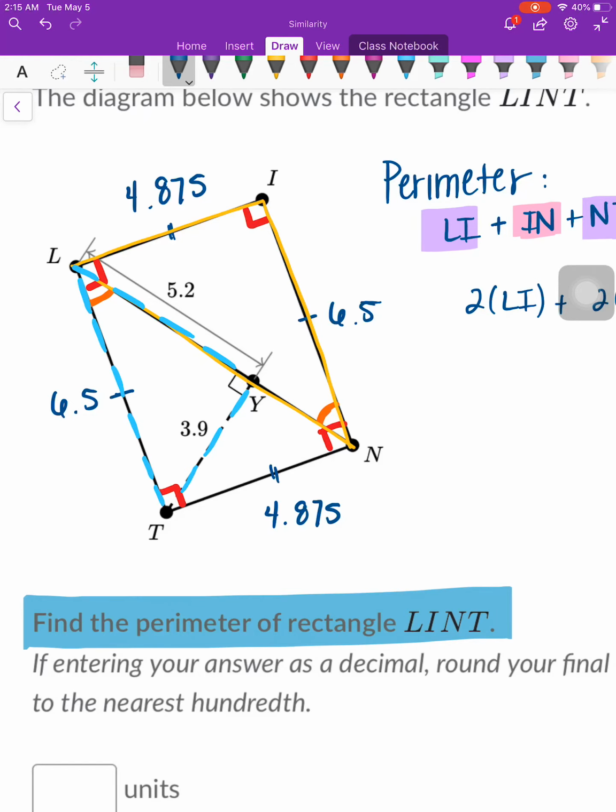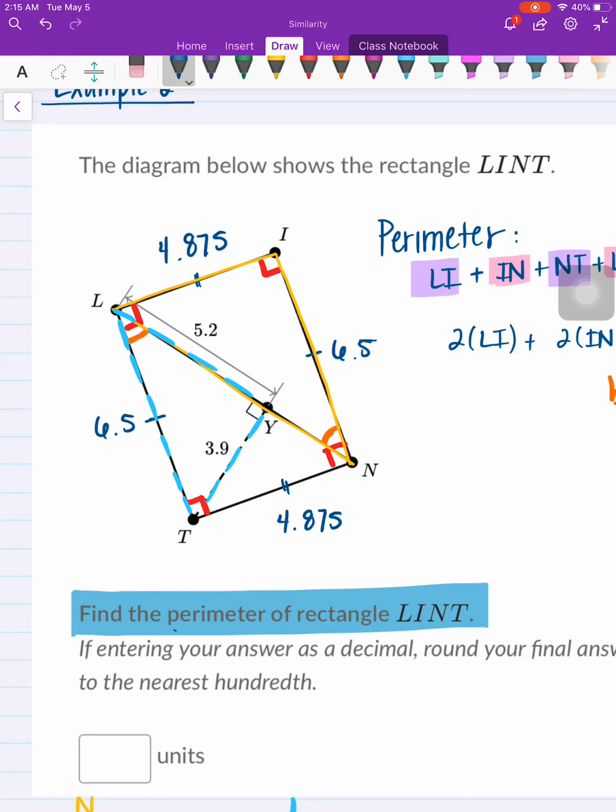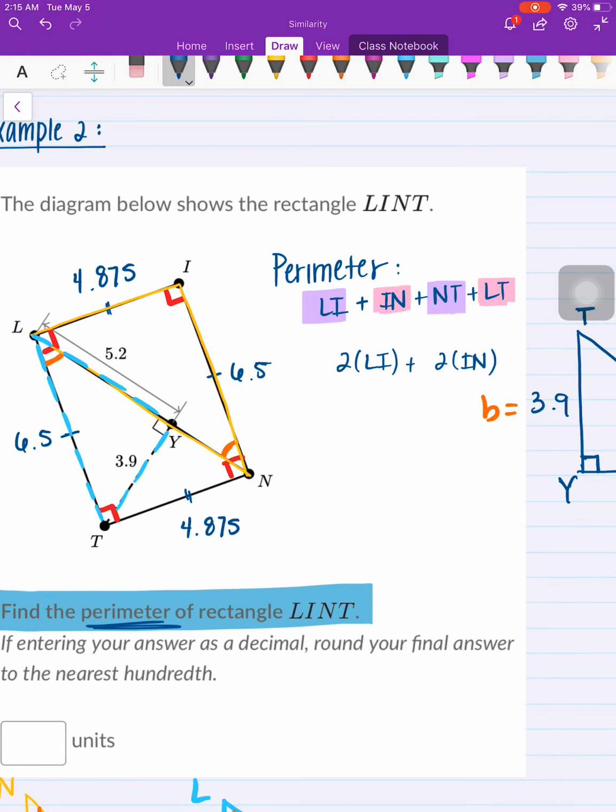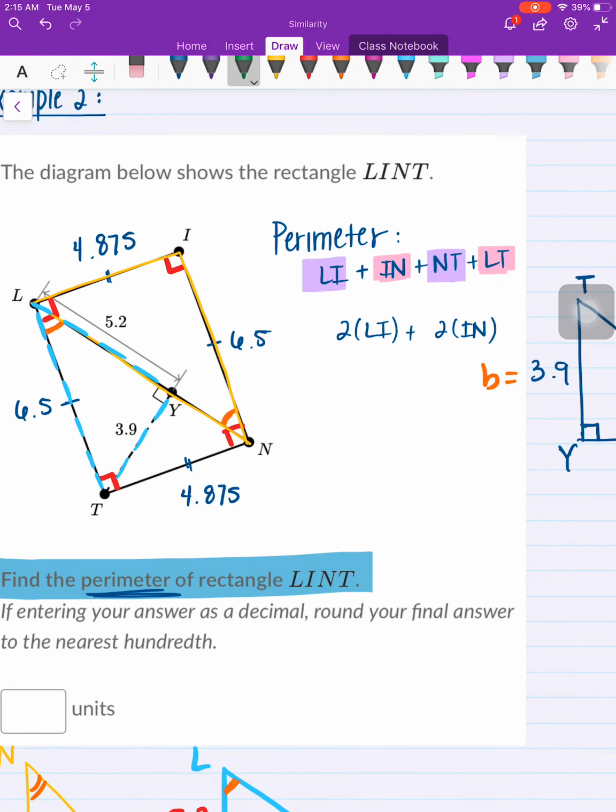So we're almost done. Our last thing is to find perimeter. And we had said that perimeter was adding all sides. And in this case, I could just take the measurement of LI and IN, multiply each of them by 2, and then add them. So then we have, I'll go ahead and do that in green.